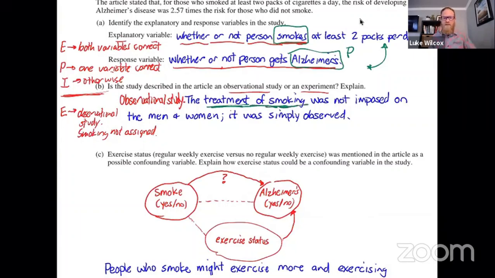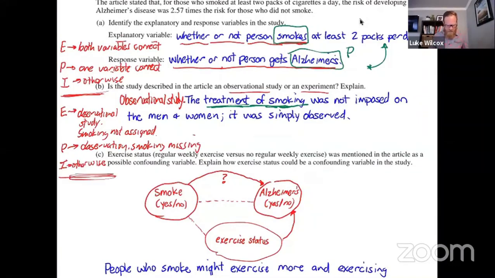And that was the treatment that was not assigned or imposed on the men and women. So a partial credit here is maybe you said observational study, but then you left off the smoking part. So smoking was missing. You said something about no assignment of treatments, but you didn't specifically say the treatment was smoking. And then incorrect would be otherwise.